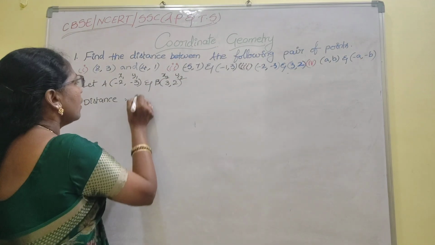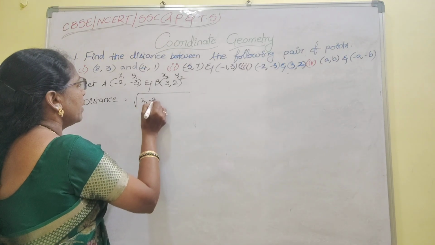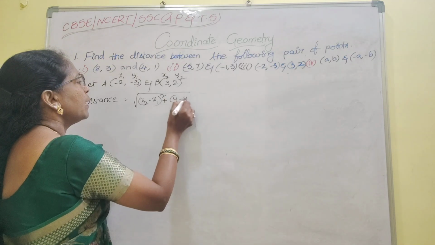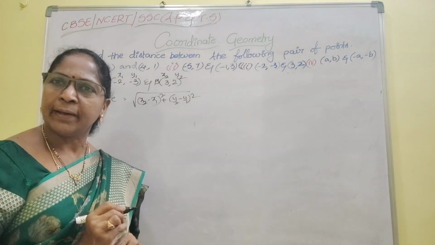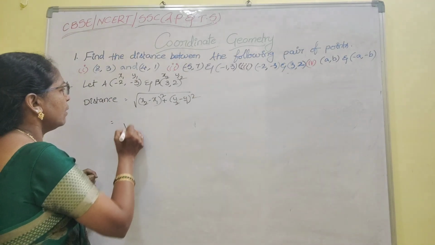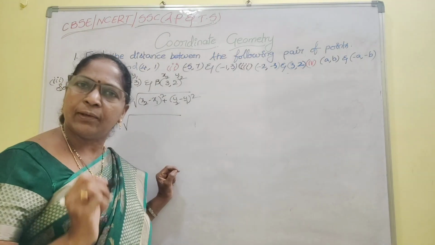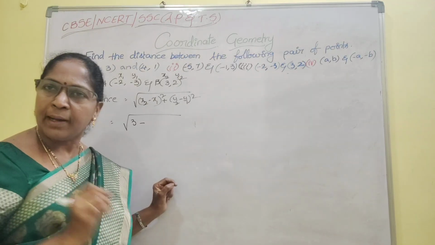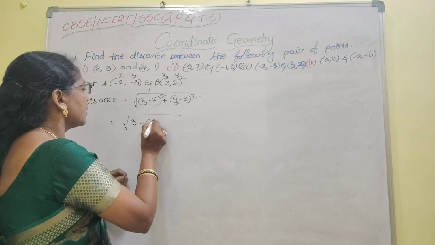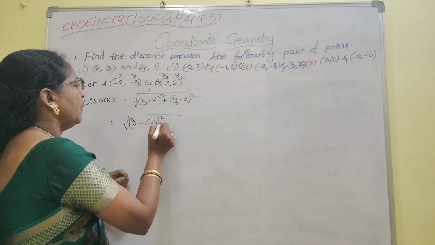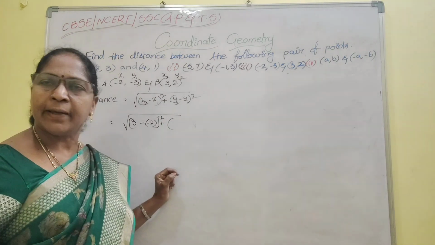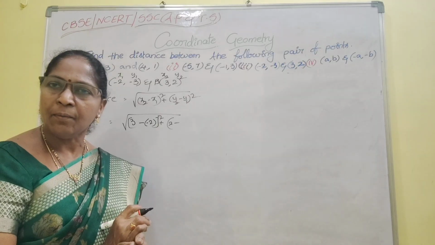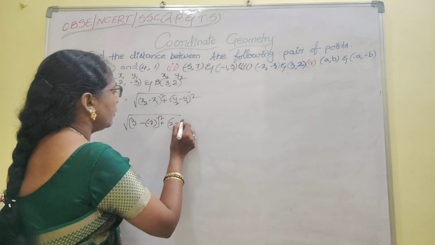Square root of (x2 minus x1) whole square plus (y2 minus y1) whole square. Now substitute the values here: square root of, where x2 equals 3 minus x1 equals minus 2, so keep in bracket, plus (y2 minus y1) whole square, where y2 equals 2 minus y1 equals minus 3. So again keep in bracket.